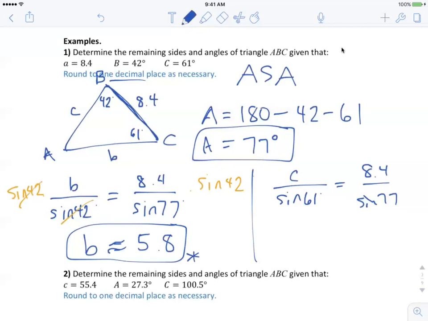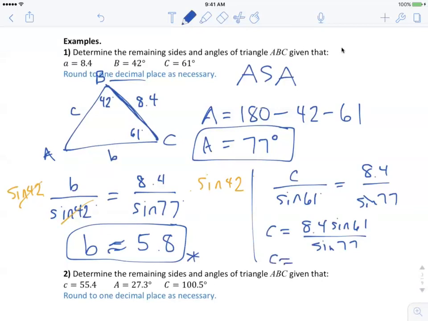Okay, and so on this one, I'm just going to multiply by the sine 61. So it's going to be 8.4 times the sine of 61 divided by the sine of 77 in your calculator. And we should have this triangle solved. So this is going to end up being about 7.5.